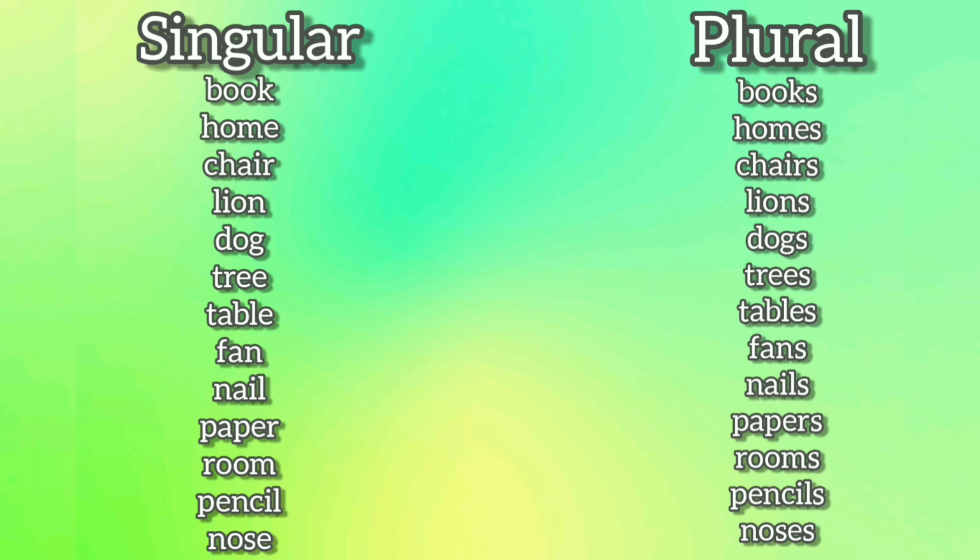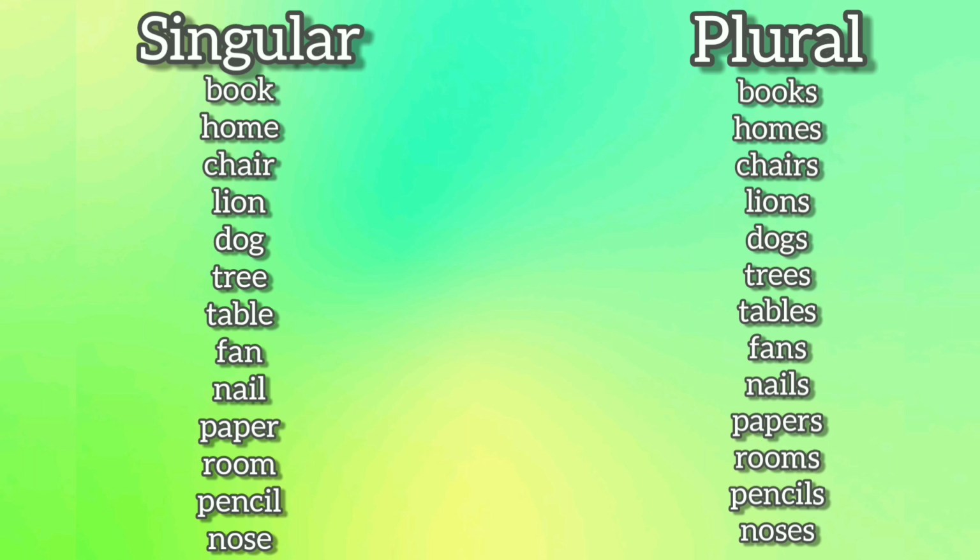Now, look at your book. Can you see the list of words? Yes. Book, books, home, homes, chair, chairs, lion, lions, dog, dogs, tree, trees, table, tables, fan, fans, nail, nails, paper, papers, room, rooms, pencil, pencils, nose, noses.